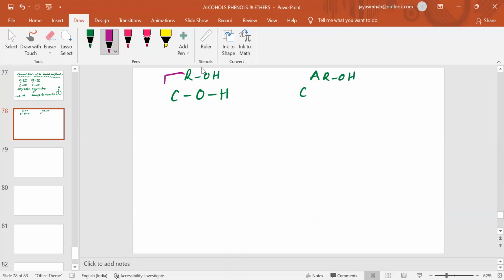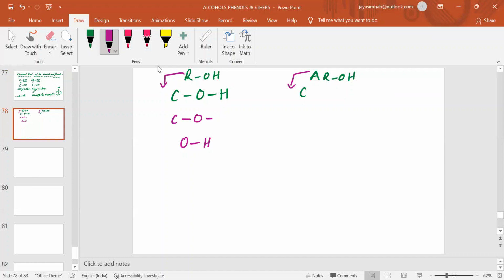There is a bond between carbon, to which the alkyl group is attached, and oxygen, one bond, as well as between oxygen and hydrogen.